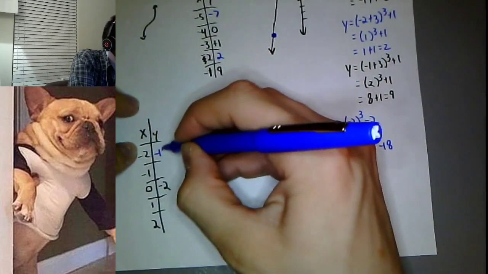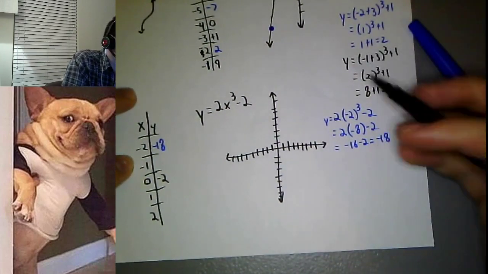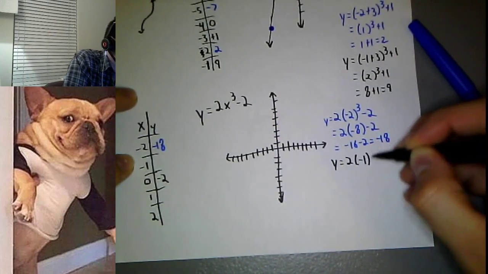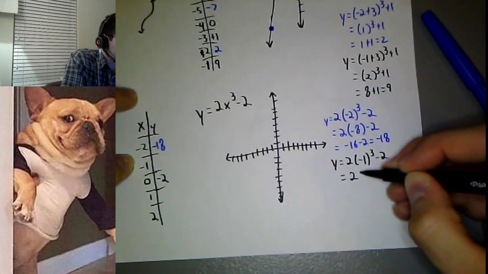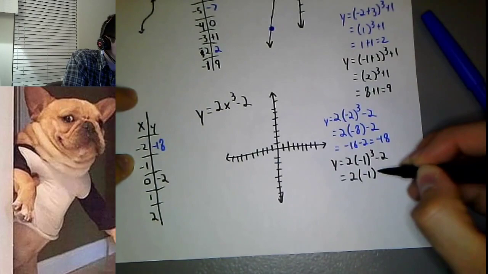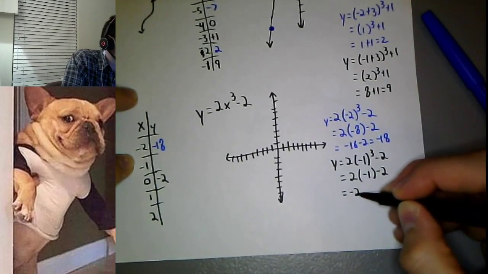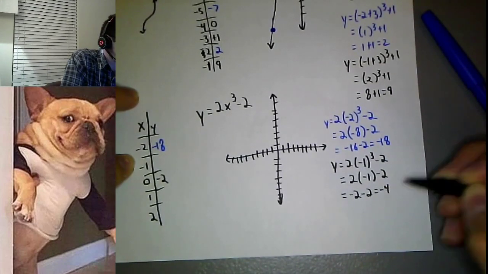Ooh. How the heck am I going to graph that? I don't know. Second one, we plug in a negative 1. Y equals 2 times the quantity of negative 1 cubed minus 2. Negative 1 times negative 1 times negative 1 gives me negative 1. 2 times negative 1 is negative 2 minus 2. That gives me negative 4.